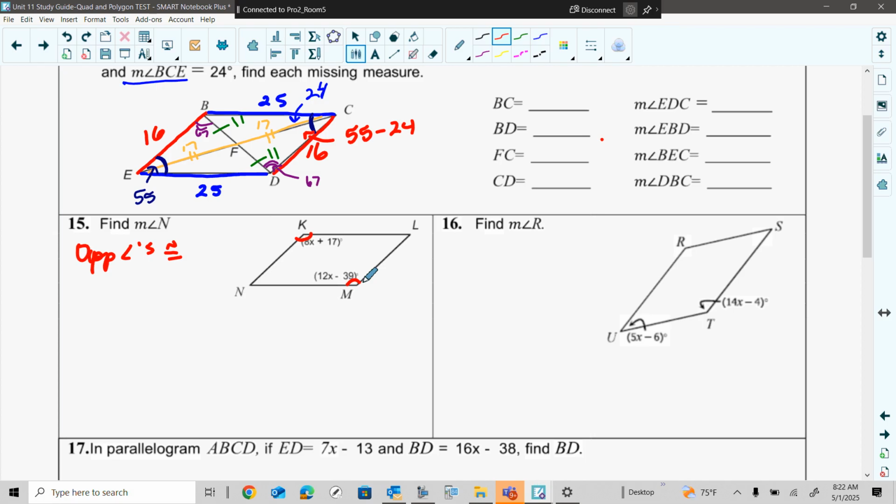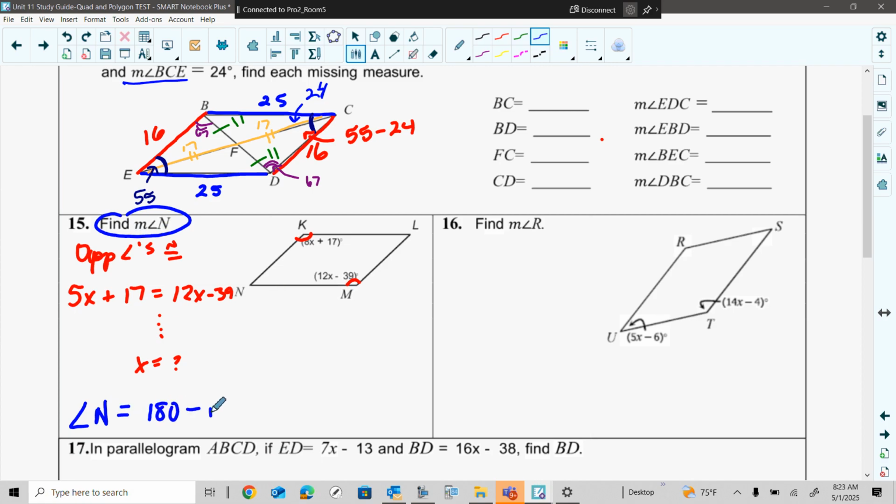So yes, you start off with your 5x plus 17 equals 12x minus 39. You need to find X. Then you have to plug it back in because the question is asking you to find N. And you have to remember angle N and angle K are supplementary. So angle N is going to be 180 minus whatever the measure of angle K is. That's what I'm saying. You have to plug it back in.